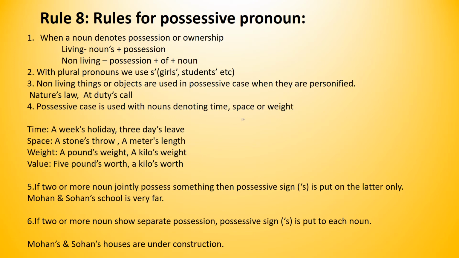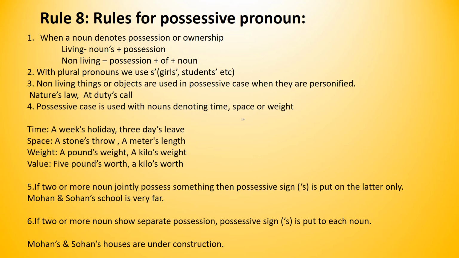Now let's learn some rules for possessive pronouns, or when we have to show the possession of a noun. When a noun denotes possession or ownership and the possession is owned by a living thing, then we use noun apostrophe s plus possession. While in case of non-living things, we use possession plus of plus noun. For example, this is Ram's pen.